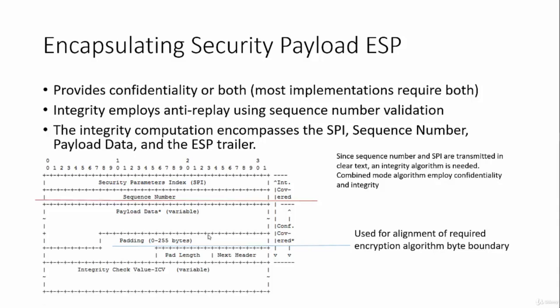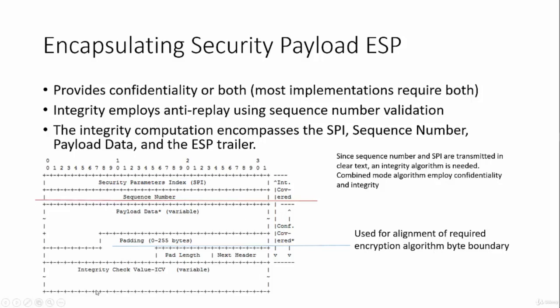And then you have the integrity check value at the end. The sequence number is in clear text, but everything after that is encrypted. If somebody is sniffing the traffic between the source and destination IPsec gateways, they will only see the security parameter index and then the sequence number. Everything below that will be encrypted.